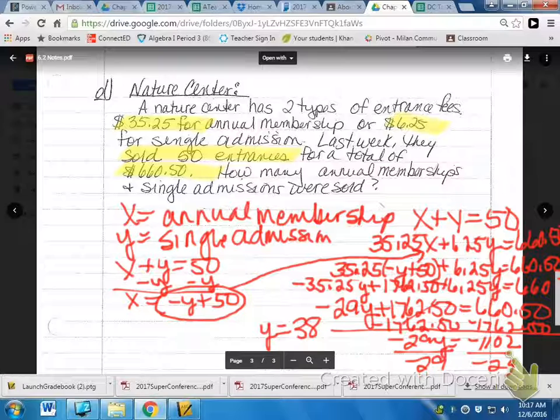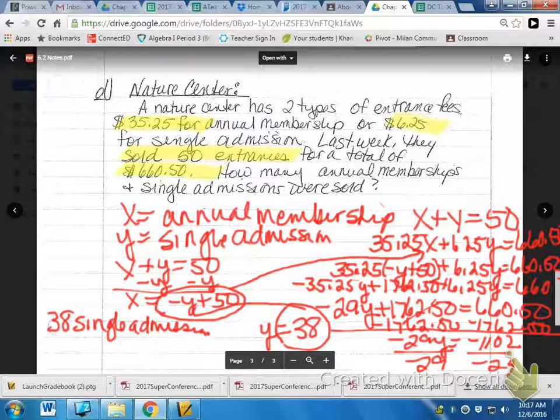What does that tell us? What does that mean? Olivia? They sold 38 single admissions. Yep, that means that they sold, you would write 38 single admissions. You're going to take your 38, you're going to put it right in back there at the beginning.